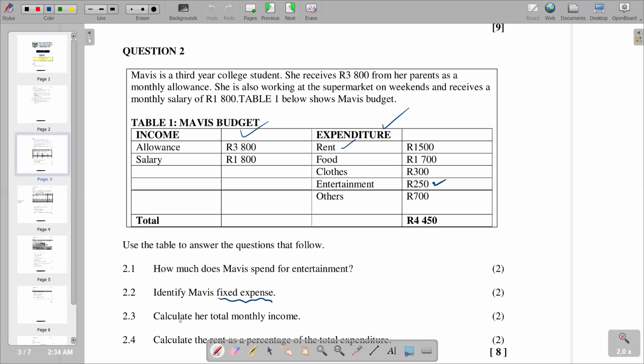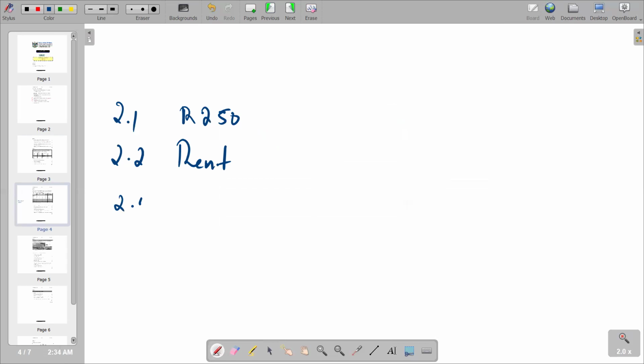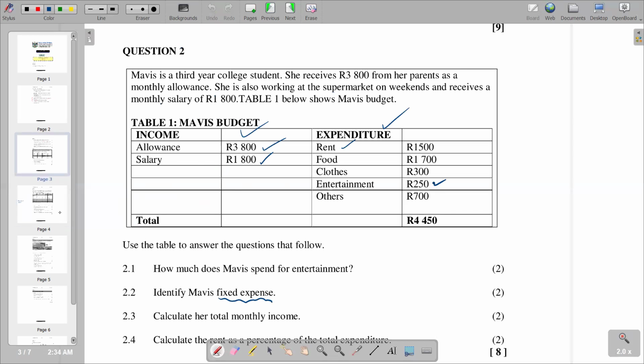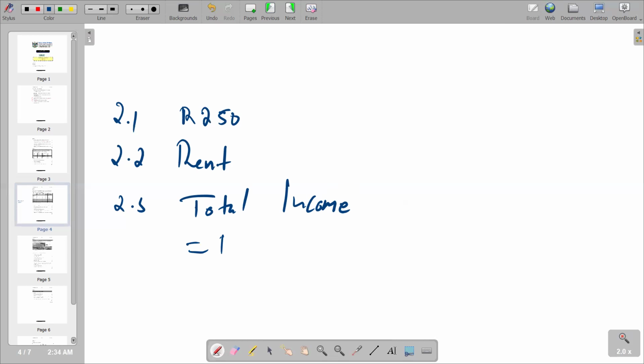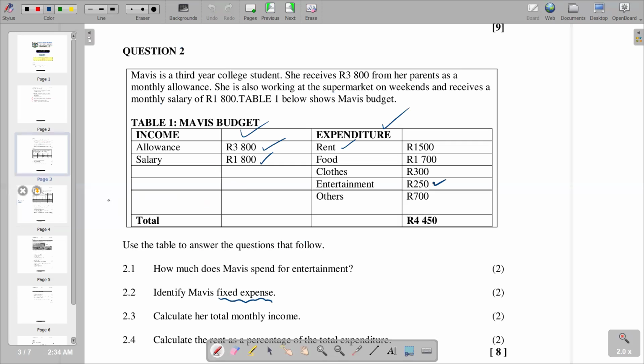In 2.3, calculate the total monthly income. For income, we can see that we have an allowance of 3,800 and a salary of 1,800. In terms of calculating the total income, we add the two. So on 2.3, total income, we are going to say 3,800 rands plus 1,800 rands.